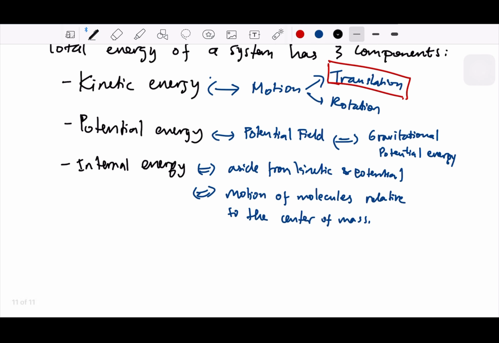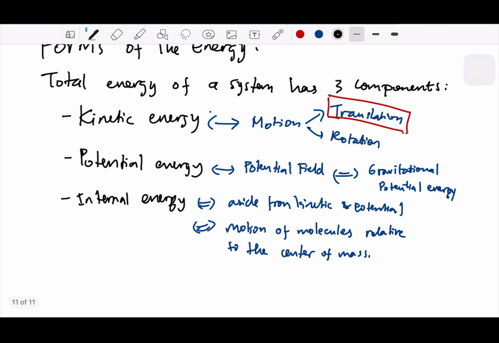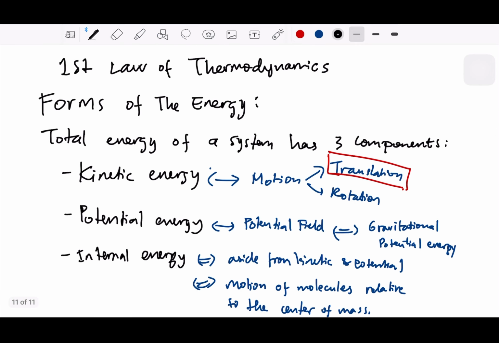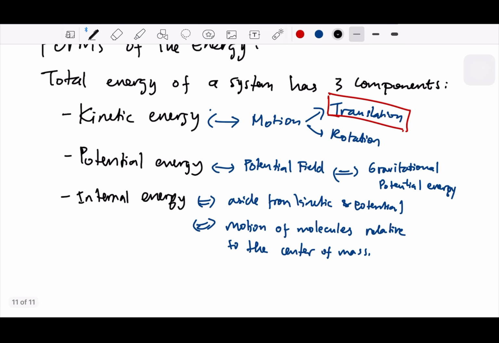Okay, and because I mentioned that we have a system, it means that we have some sort of domain that we are going to observe.